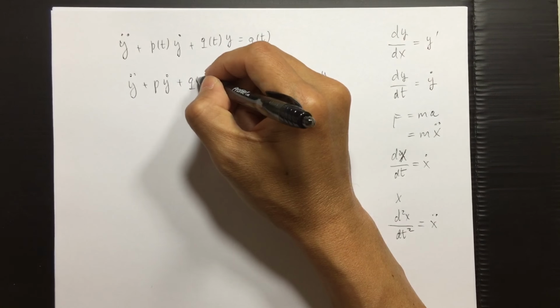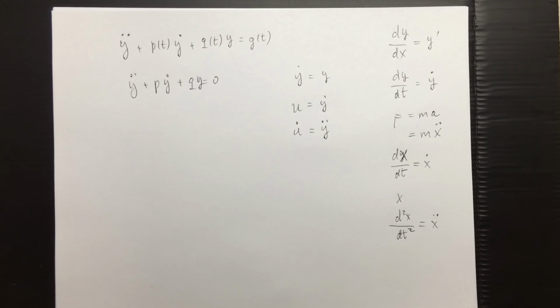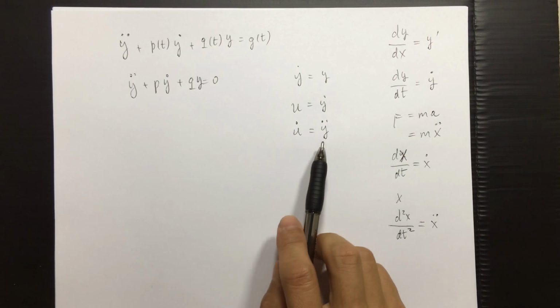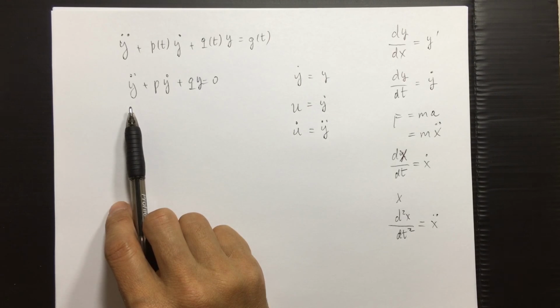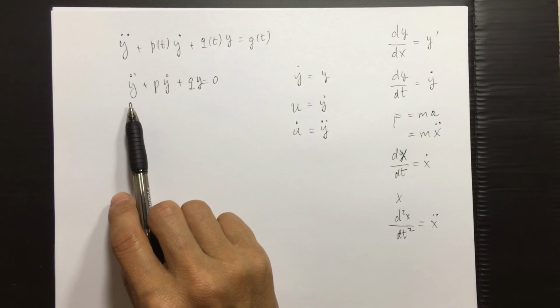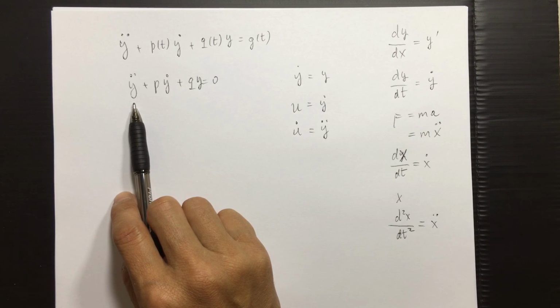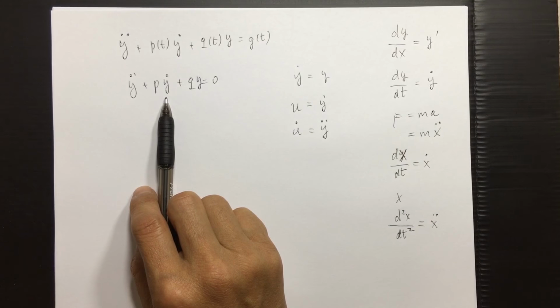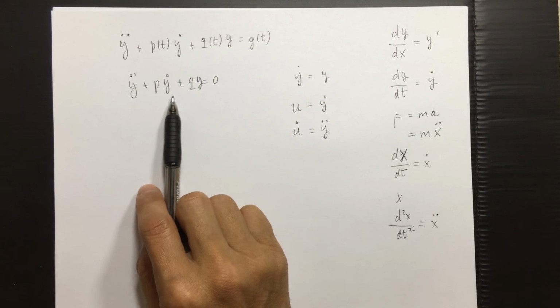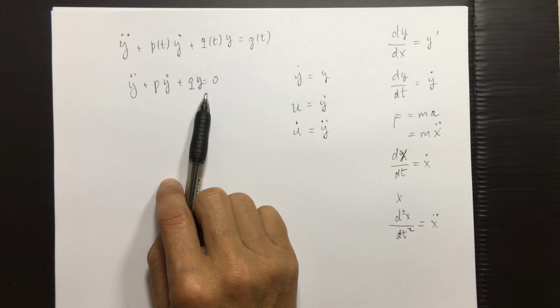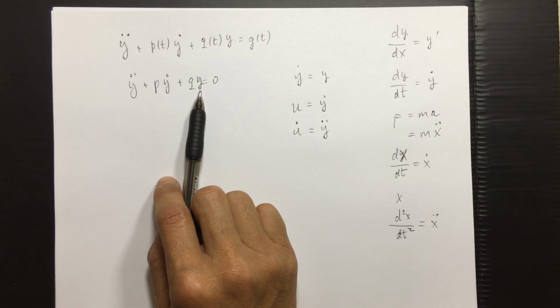Oh, sorry, there's a y here. If you substitute it in, this is u dot, right? And this could be u, right? Yeah. And this has to be y.